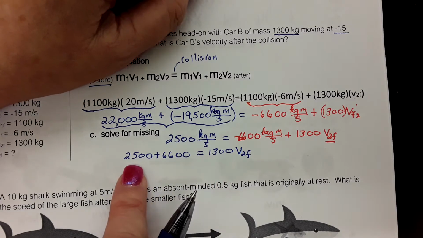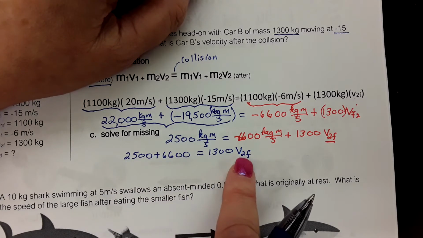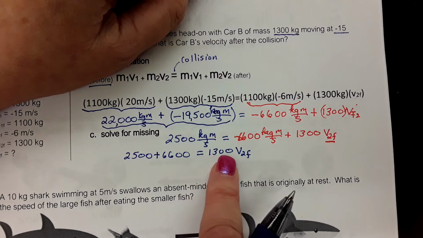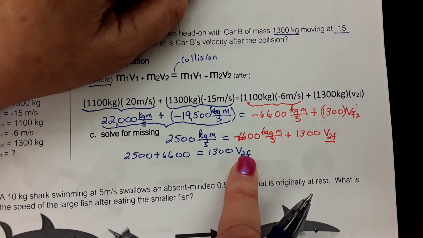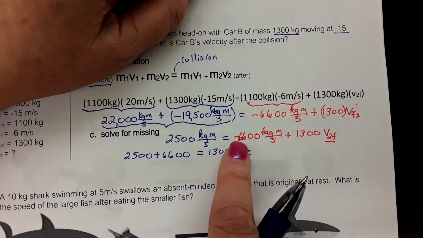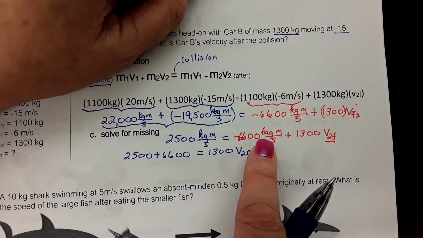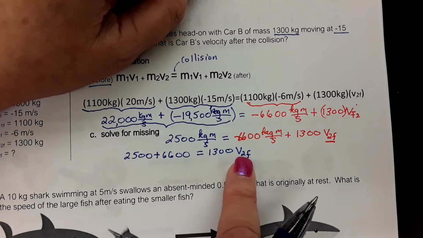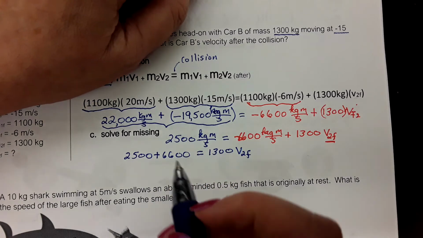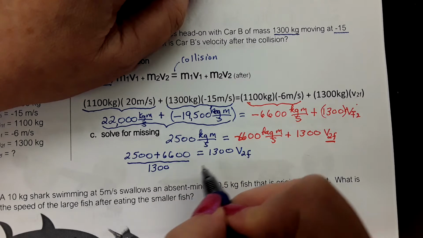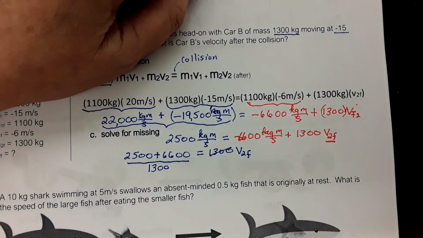To get the 1,300 to the other side so that your variable is isolated, you do the opposite of what it's doing. Right now, it's multiplying V2F. The opposite of multiplication is division. Just like up here, we were subtracting this. The opposite of that is adding, so we added it to the other side. Here, we're multiplying, so we divide to the other side, like this. That takes care of that, okay?